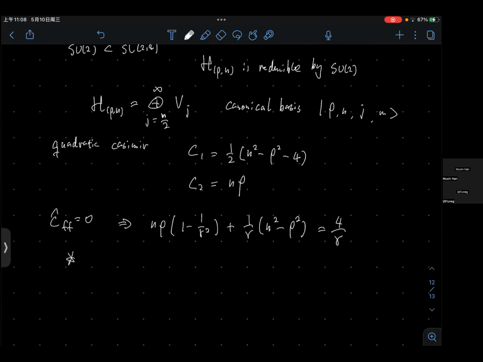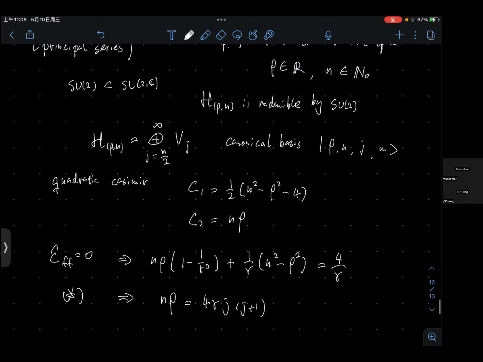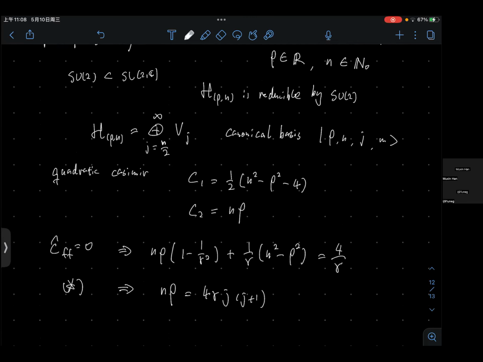And then the star constraint gives you n times rho equals 4 gamma j plus 1. So as I said earlier, not all the j's can satisfy this constraint. So you see you get this tower of j from n/2 all the way to infinity, but there's only one j in this tower that can satisfy the simplicity constraint because of the star equation.